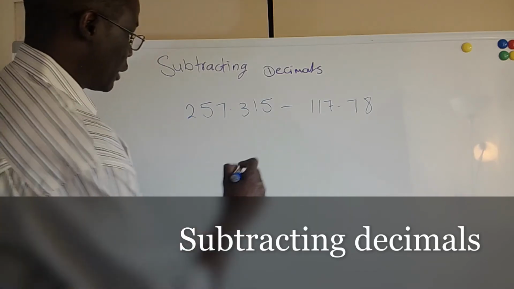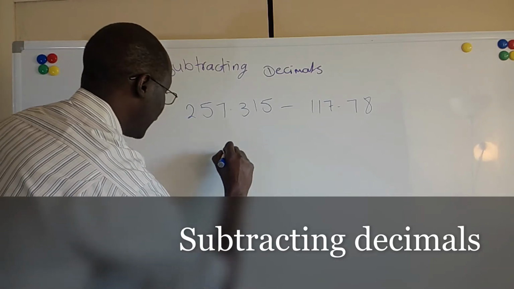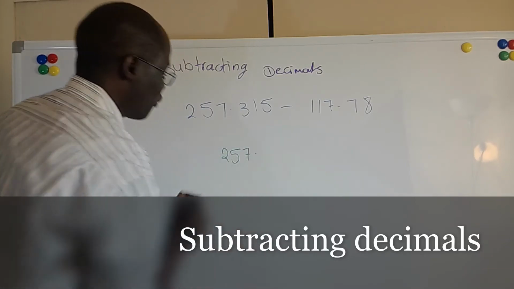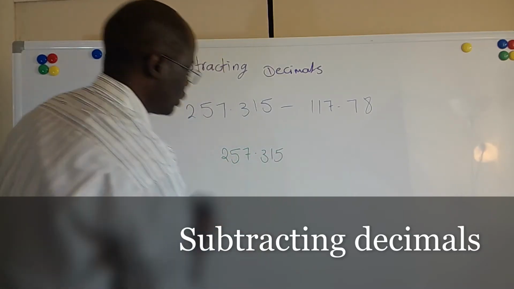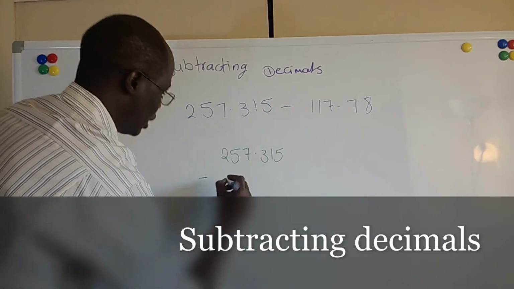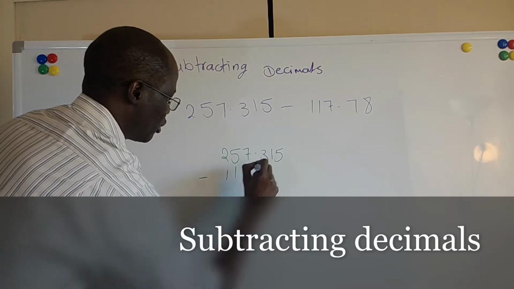So let's do it together. The first number we have is 257.315, which is a decimal number, minus 117.78.